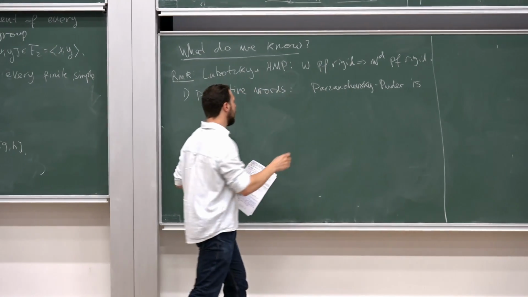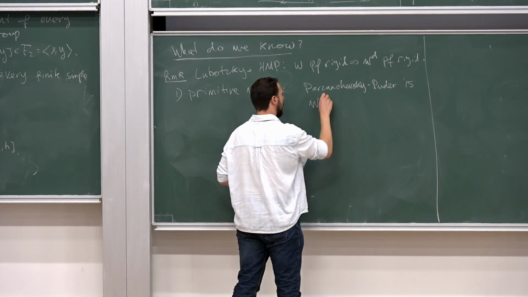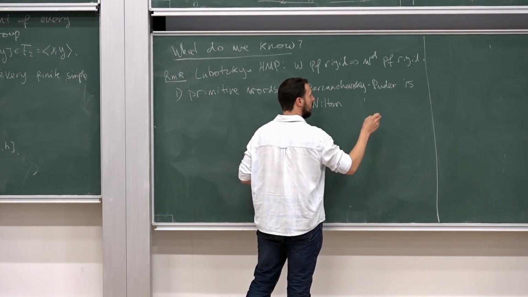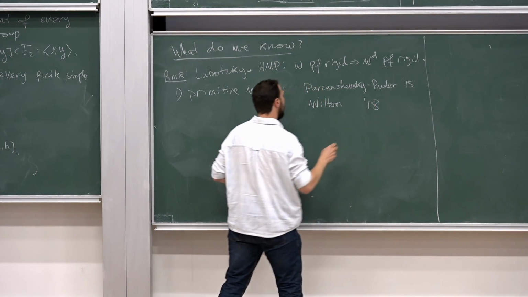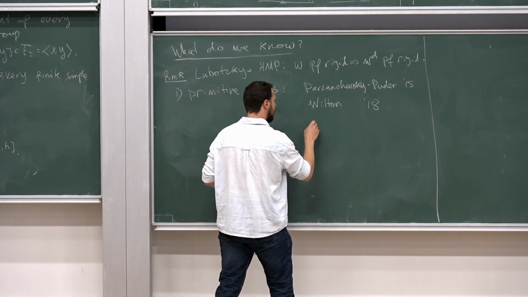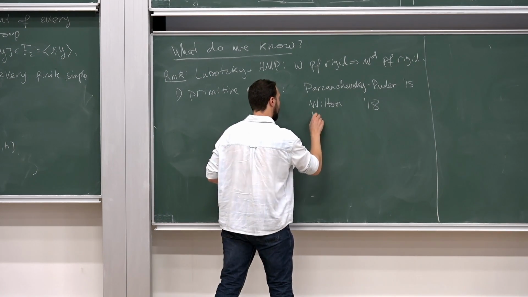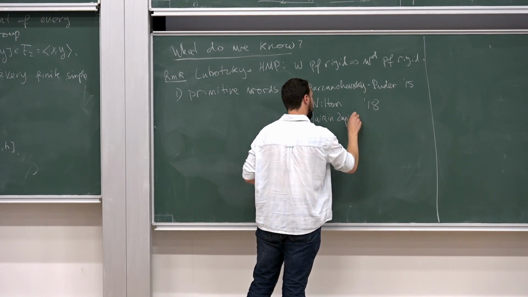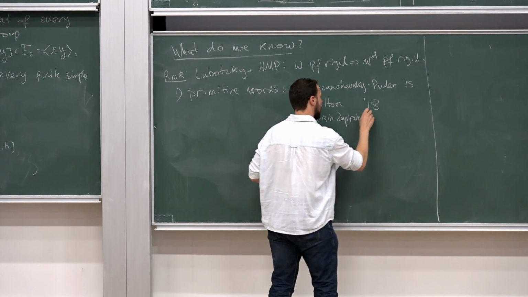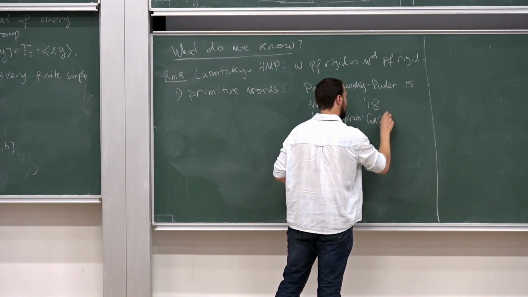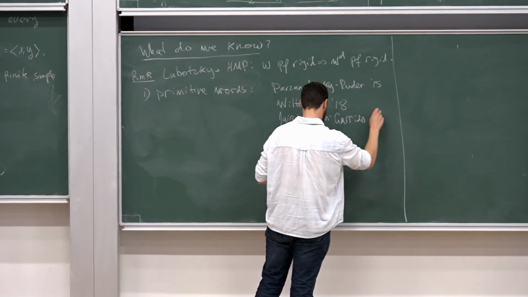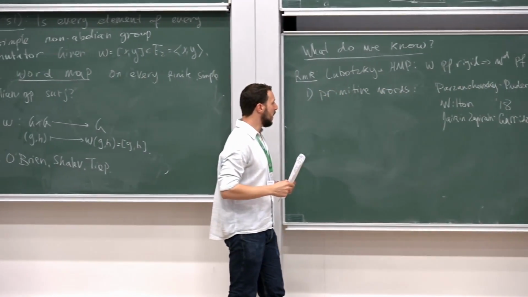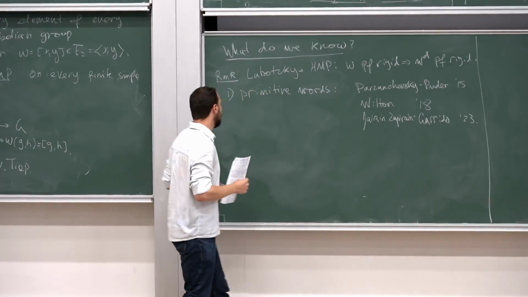And it also follows from Wilton's theorem that was mentioned in more than one talk this week. And it also follows from the work of Andrei and Alejandra, that had to do with the detection of free factors by finite quotients.